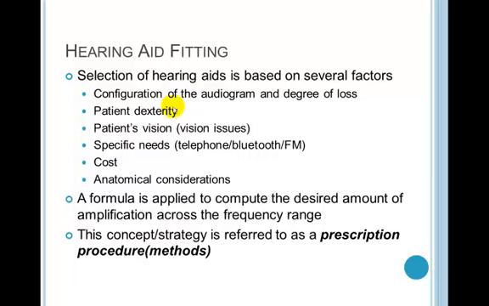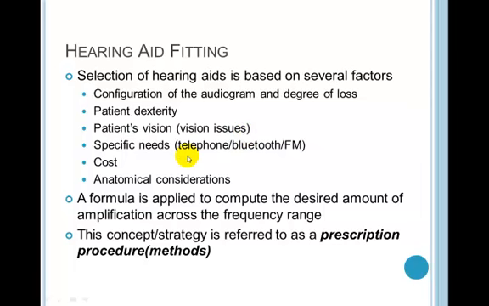Also, a completely in the canal hearing aid will have a much smaller battery than a behind the ear hearing aid. Also, patients' vision issues. Patients may be able to work with a behind the ear hearing aid better because they could feel it, or it's a little bit larger to see the controls versus a completely in the canal hearing aid.